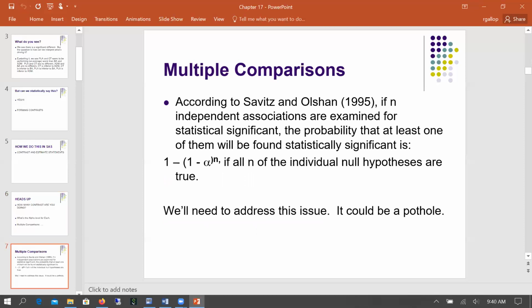This idea of multiple comparison, we're going to dissect more in the next video, but I just want to give you a little introduction to the topic as we start getting into this contrast and estimate issue. According to Savitz and Olshan in the American Journal of Epidemiology, with statistics, we're going to see there are a lot of overlapping areas.